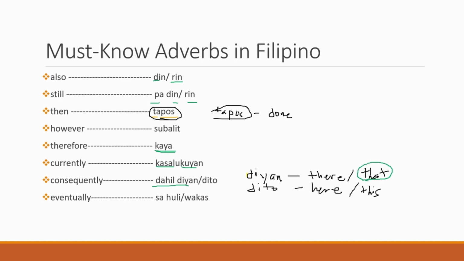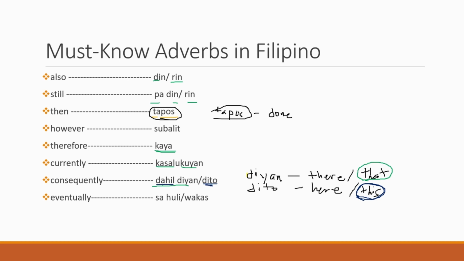In English, it's like just saying, and because of that, dahil dyan, because of that. On the other side, dahil dito in English is, and because of this, dahil dito.